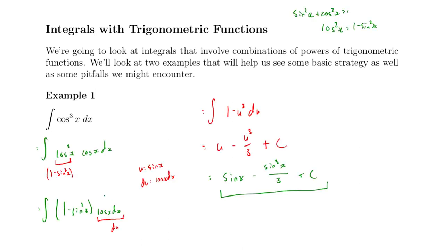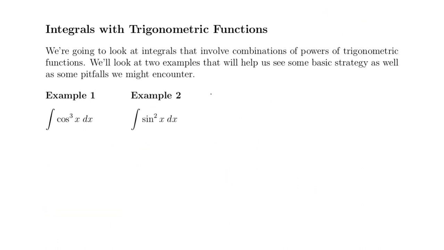Up here, we had this cosine of x that we were able to peel off from our power and turn this odd 3 into an even 2 times a linear piece, right? And so peeling that off was essential for us to get this differential du set up. For us, we're not able to really do that here.